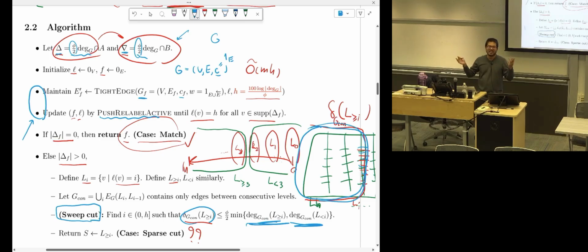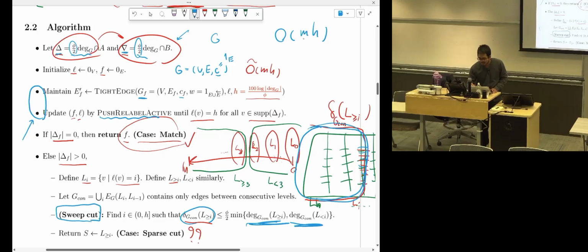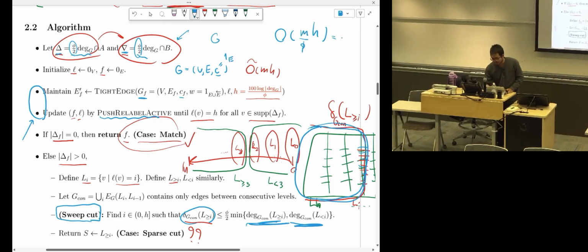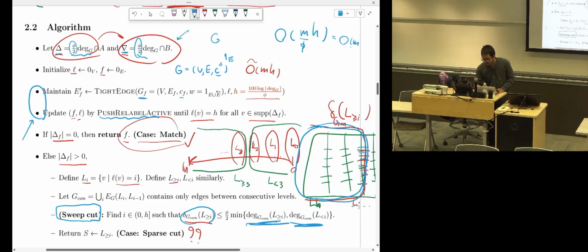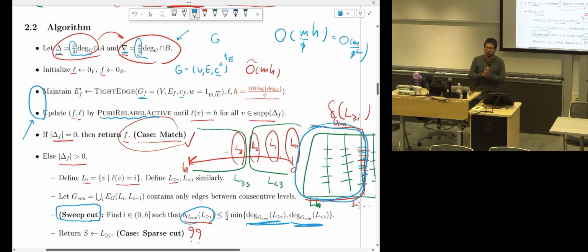So that would work. But then the running time mh would now be m over phi, and then m over phi square. So it's okay, but not so great if we just use basic push relabel without care.